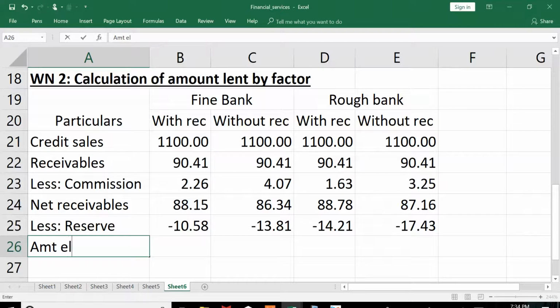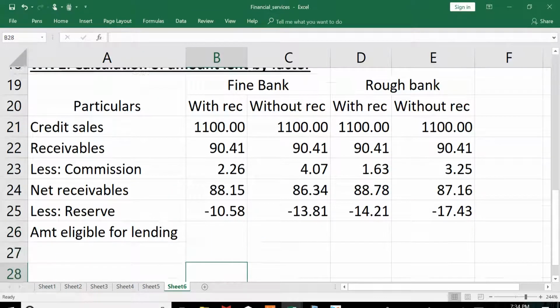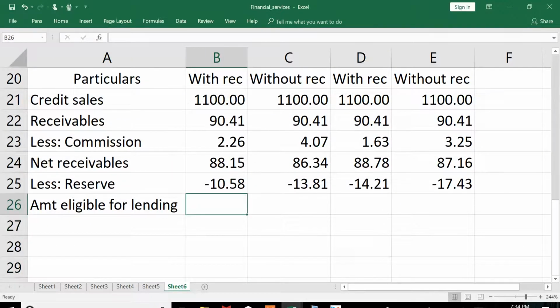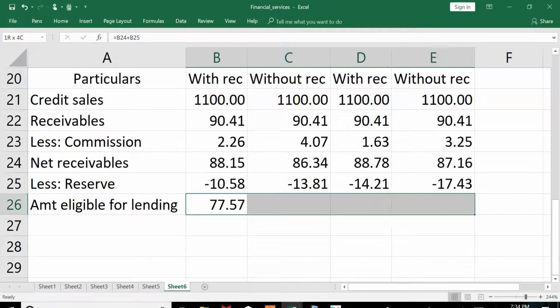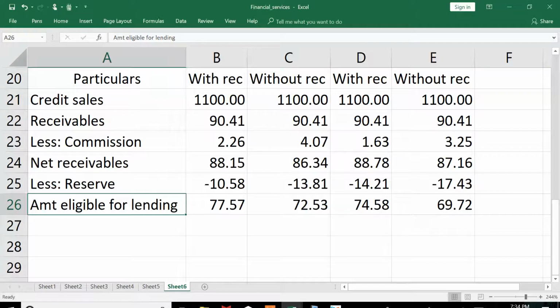Amount eligible for lending. I've done a little bit of a change in the computation. It will all depend on the terms of the agreement. The agreement will tell what is going to happen. In case you have an extreme confusion in the exam, write your assumption of how you are deducting these calculations, whether you are deducting commission, and whether your reserve is on overall receivables or net receivables.